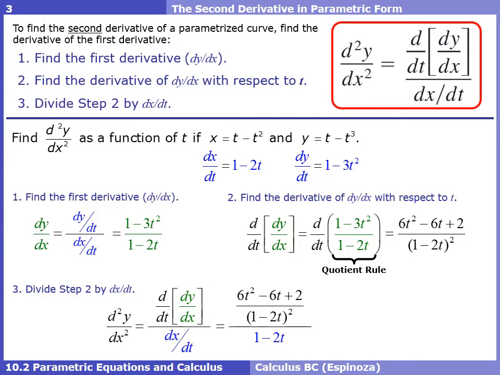And if that happens, we'll have 1 minus 2t squared times 1 minus 2t, or 1 minus 2t cubed. So with that, we've come to the end of finding the second derivative. Again, a little more involved than finding the first derivative, but it's still a formula, and it's, I guess, after that, a process if you just break down the steps of the formula.